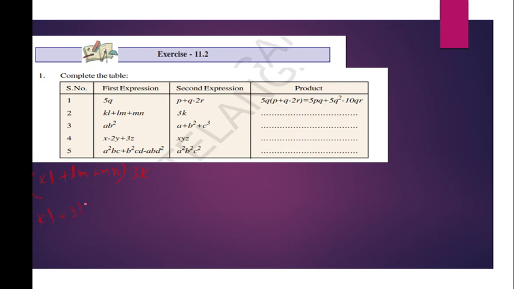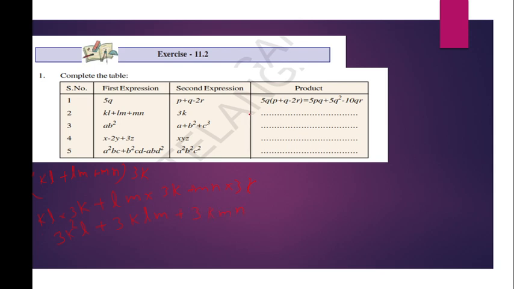KL into 3k plus LM into 3k plus MN into 3k. Now multiply the signs, positive, positive, positive sign. 3 into 1, 3, k into k, k square, l, plus 3 into 1, 3, k, l, m, plus 3 into 1, 3, k, m, n.